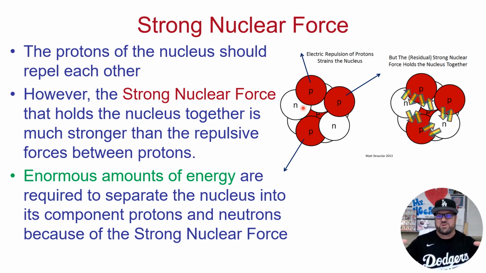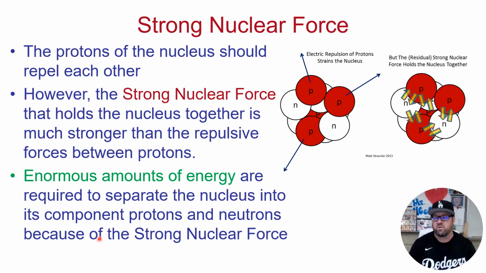But I think of neutrons, when you add neutrons into the protons, they kind of dogpile, if you will, on top of the protons, and this prevents the protons from flying apart from one another due to their repulsion. Now, remember, enormous amounts of energy are required to separate the nucleus into its component protons and neutrons because of this strong nuclear force. There's a way at higher levels, especially in engineering, quantum mechanics, and higher level physics, where you can mathematically derive and explain the strong nuclear force.